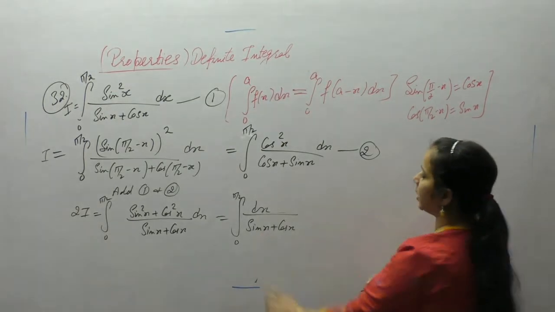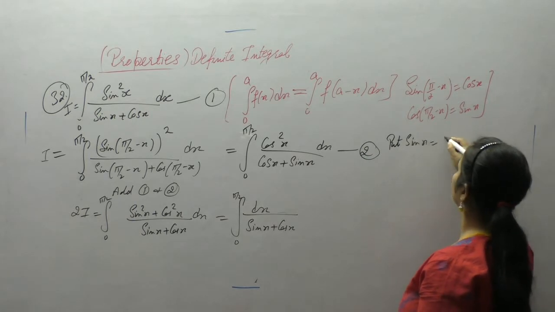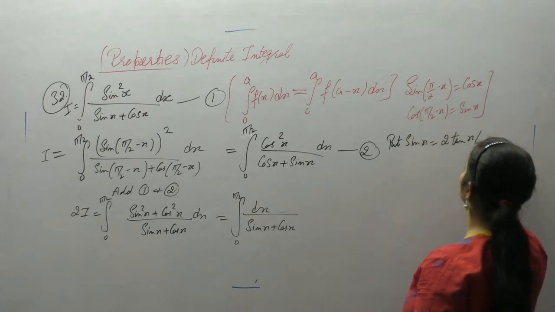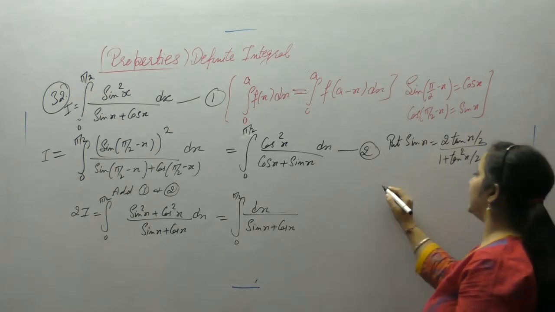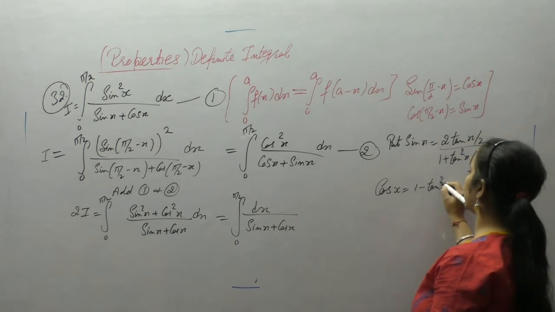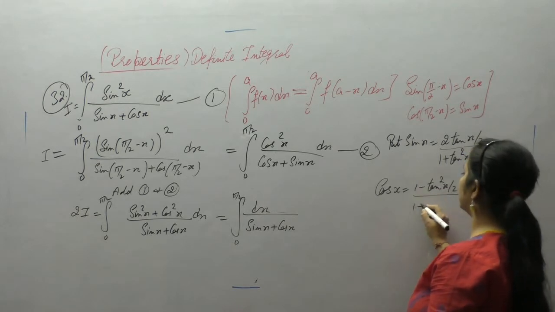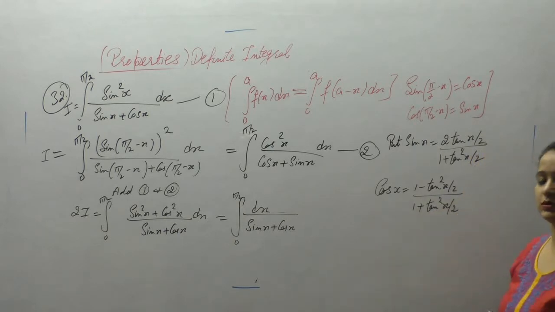Now we have to put sin x as 2 tan x by 2 upon 1 plus tan square x by 2, and cos x as 1 minus tan square x by 2 upon 1 plus tan square x by 2.